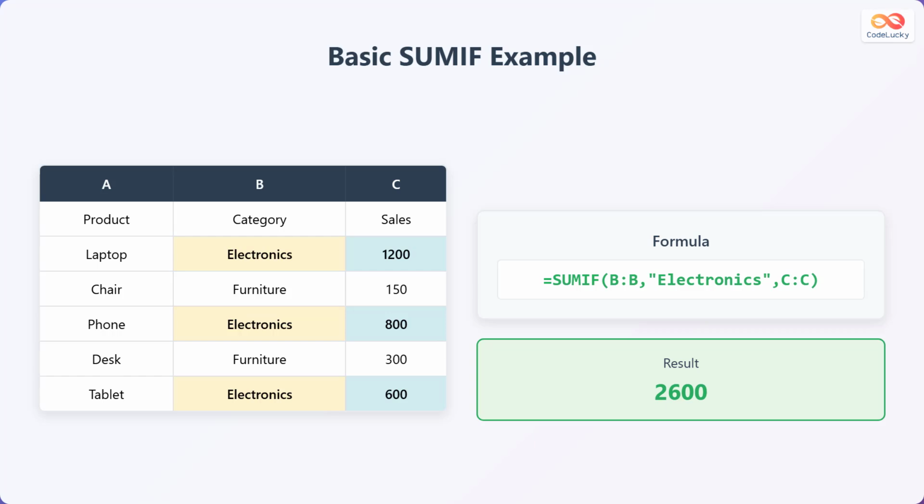In this formula, B:B specifies the range of cells containing the categories, electronics is the criteria, and C:C is the range of cells containing the sales values. The result of this formula is 2,600, which represents the sum of sales for all products in the electronics category.